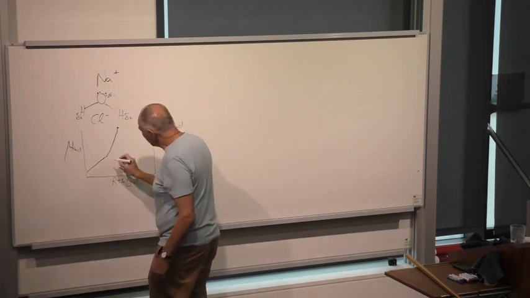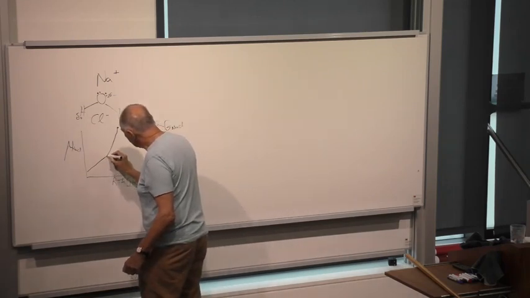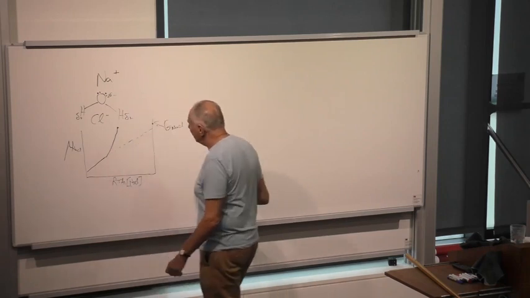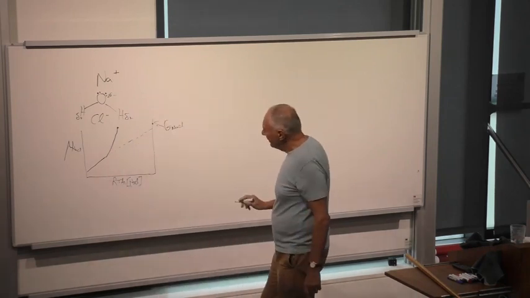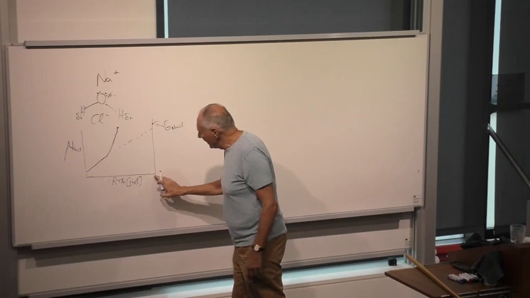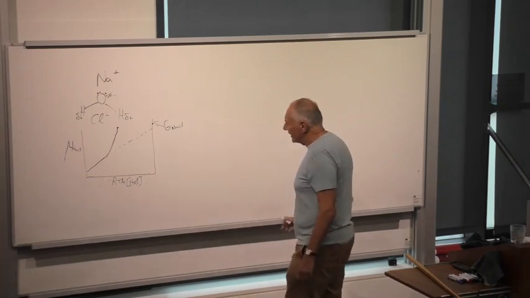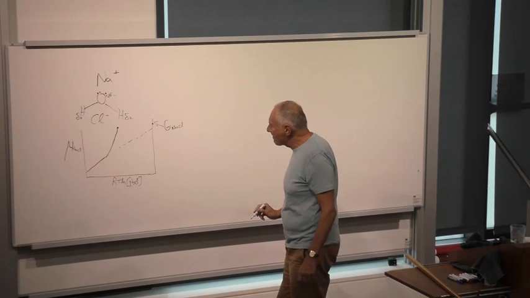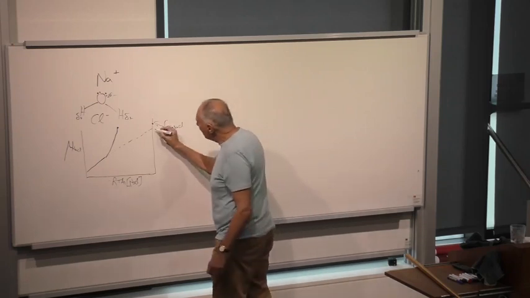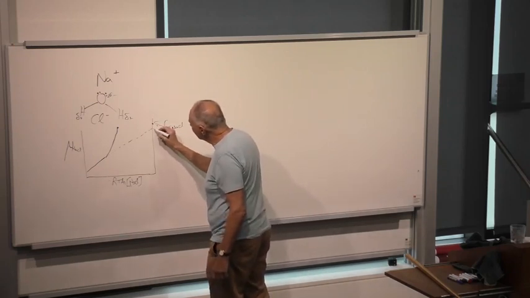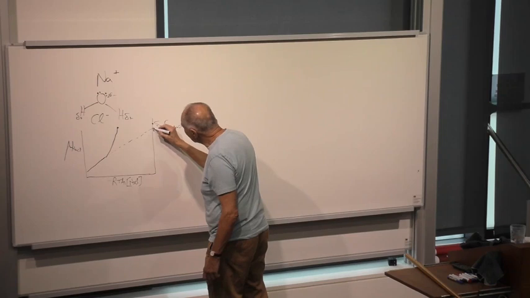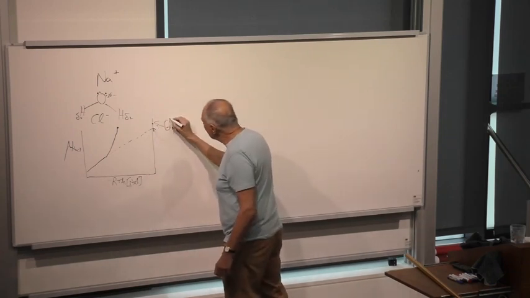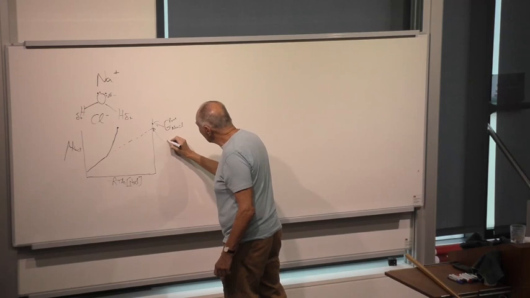And what we do in solution chemistry is we take advantage of that linear region and extrapolate it to concentration 1, RT ln NaCl concentration equals 0. And we make that intercept there, which I've drawn a little uncomfortably close to the free energy of pure NaCl, we make that our standard state value.